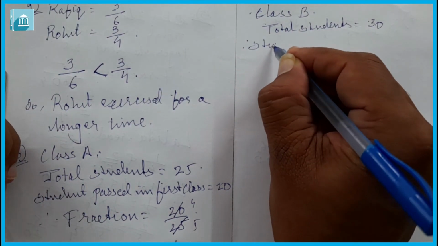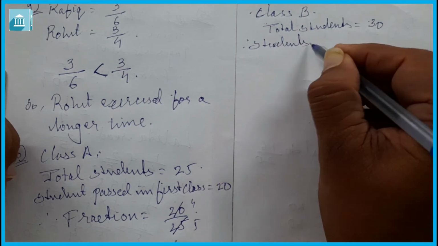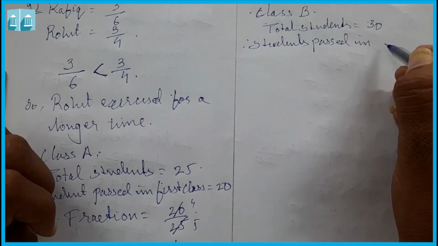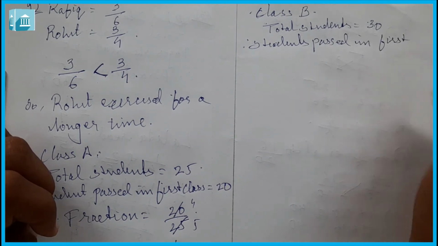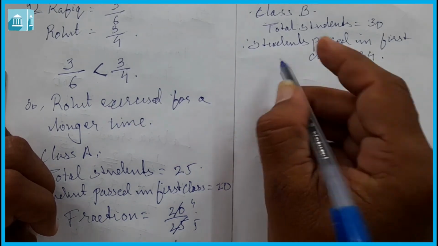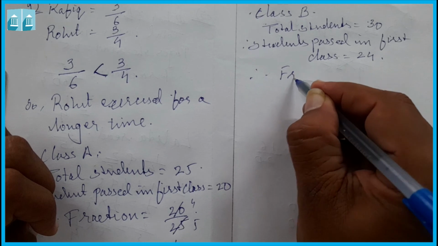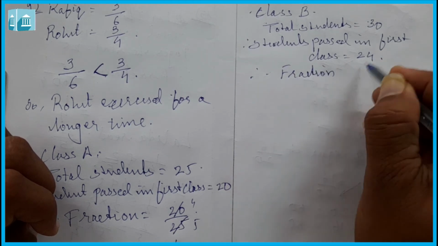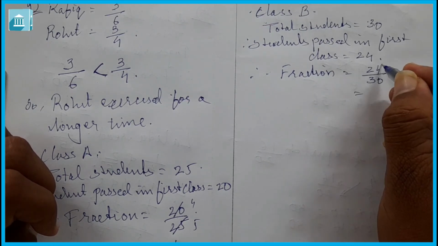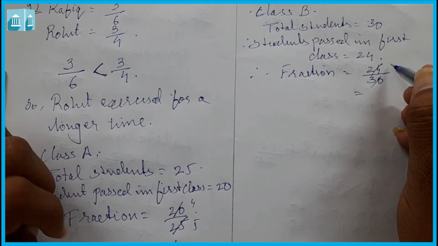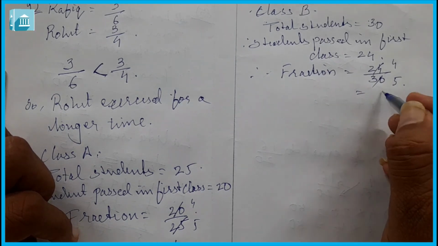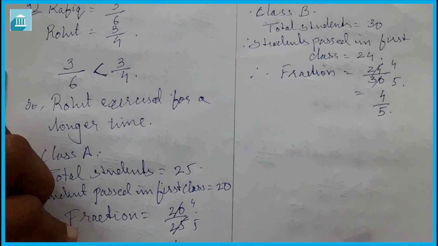Students passed in first class is equal to 24. Therefore the fraction is equal to 24 upon 30, which will again be 4 upon 5.